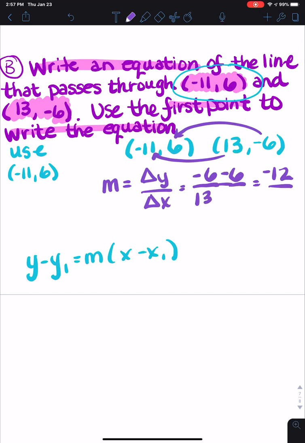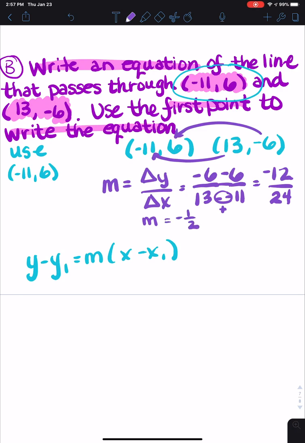We'll do 13 minus a negative 11. So that's going to be add. So that's going to be 24. Now, if I were to put this in my calculator and do my control divide and reduce it, my slope would end up being negative 1/2.